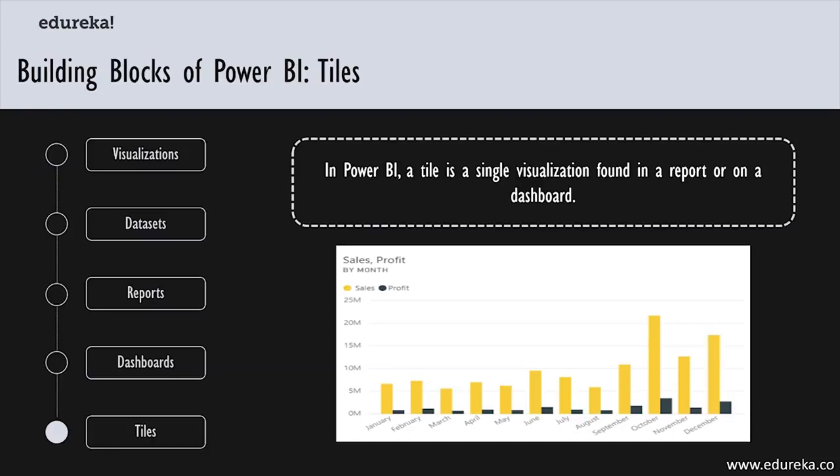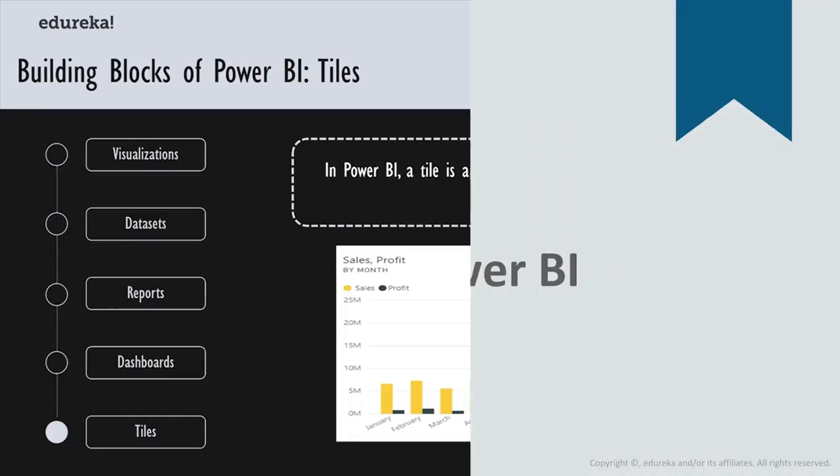It's the rectangular box that contains each individual visual. Now, Power BI gives you the freedom to move or arrange tiles so you can present the data the way you want to. Even while you're creating a report or dashboard, you can make the tiles bigger, change their height or width, and snug them up to other tiles any way you want. So this was all about Power BI's building blocks.